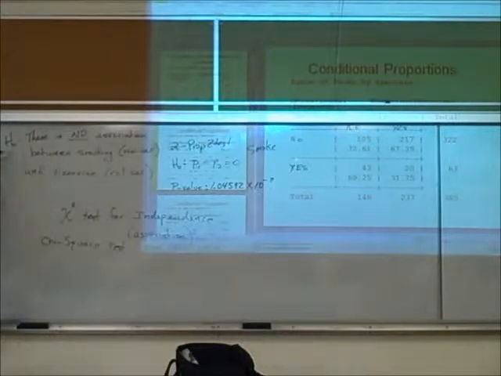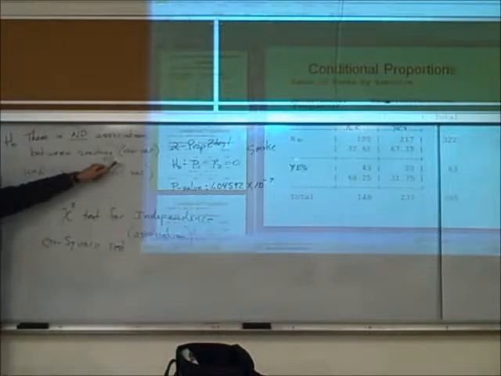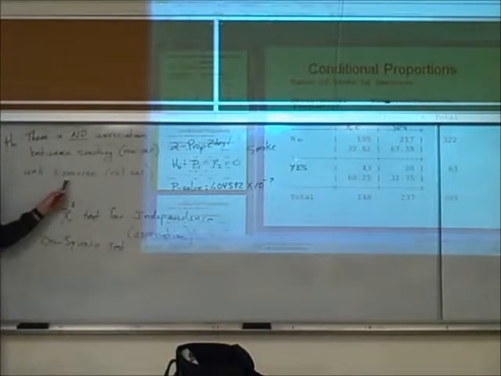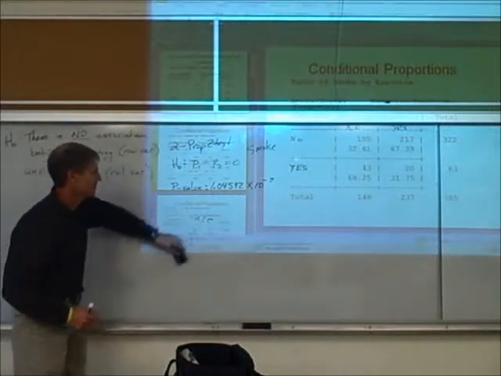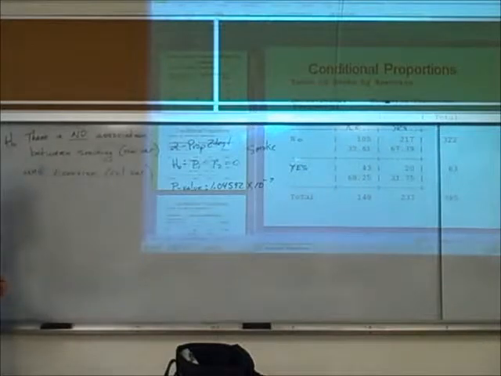Okay, so can you read that? There is no association between smoking, which is the row variable, and exercise, which is the column variable. That's the null hypothesis. So what's the alternative hypothesis? There is association.